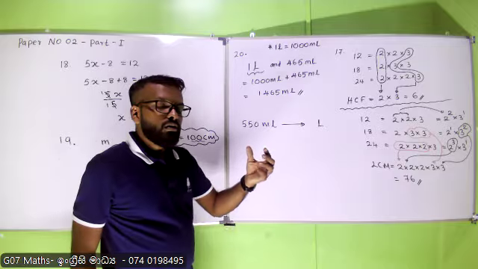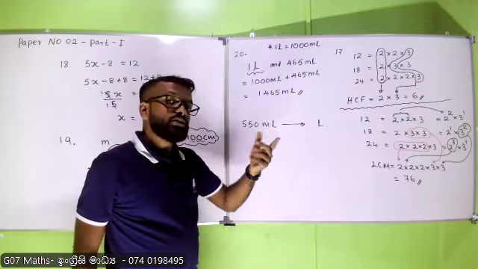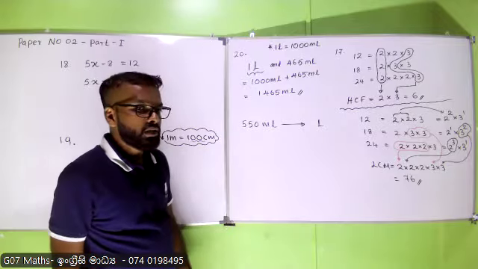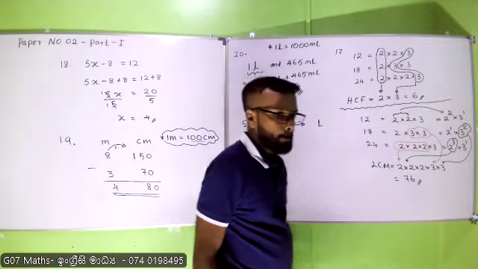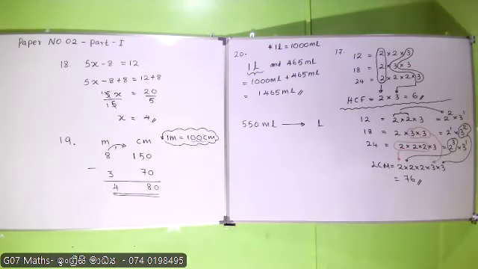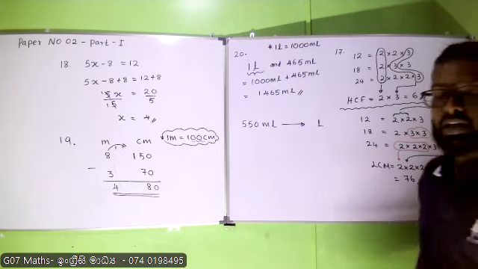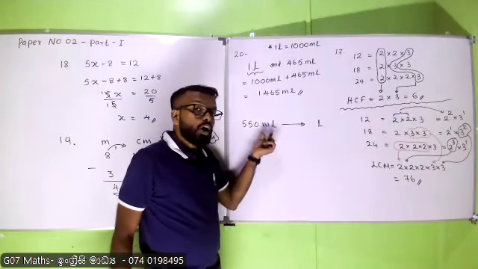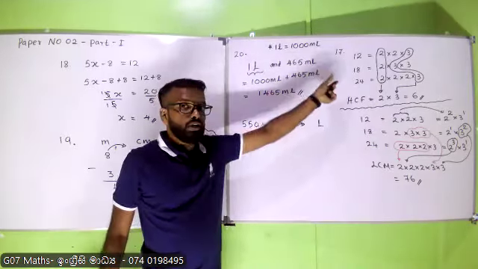Tell me, which one is higher, milliliter or liter? Which one is the elder brother? Liter. The elder brother is liter. So you are going to convert milli into the higher unit.